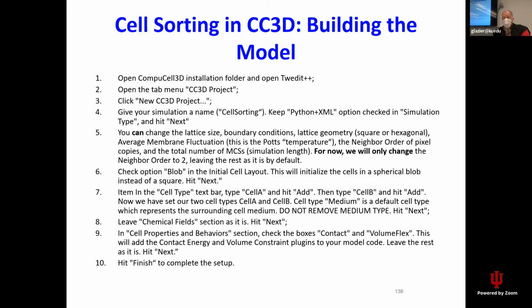And the cells can either be touching each other or separated from each other with a gap. So in this case, we could start with a square of cells instead of a circle of cells. But the final configuration is a circle, and the simulation will run a little bit faster and be a little bit easier to interpret if our initial pattern is more circular than square. So it's kind of a preset thing. Right, so this is just defining the initial pattern of cells that we're going to use in the simulation.